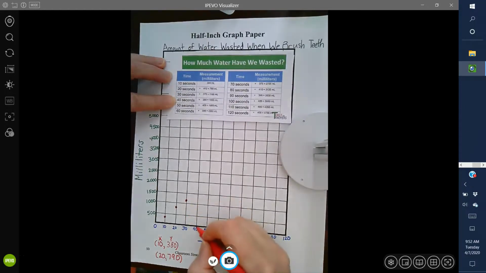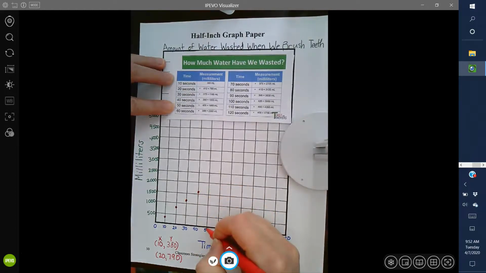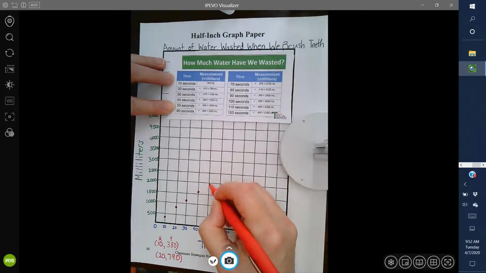And then 40, 1,555. It's going to be just above that line probably. And then on the 50, I have 50, 1,955. It's almost at that line, very close.